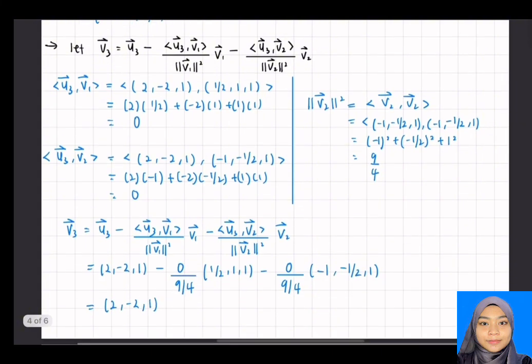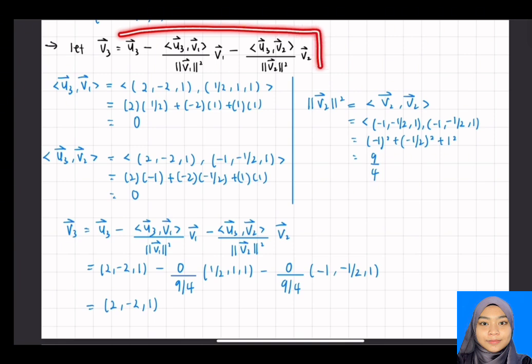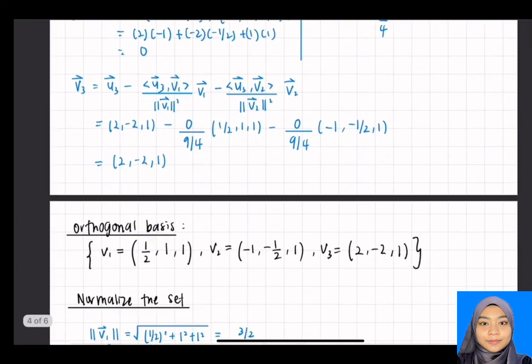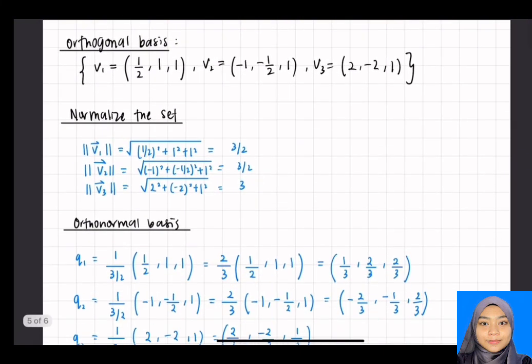For step 3, we need to find vector V3 by using this formula. Here we obtain our vector V3 is 2, negative 2, and 1.